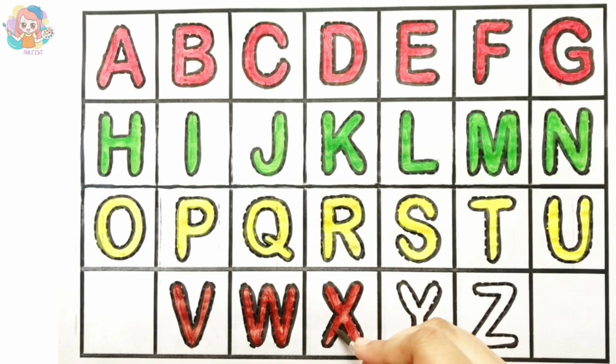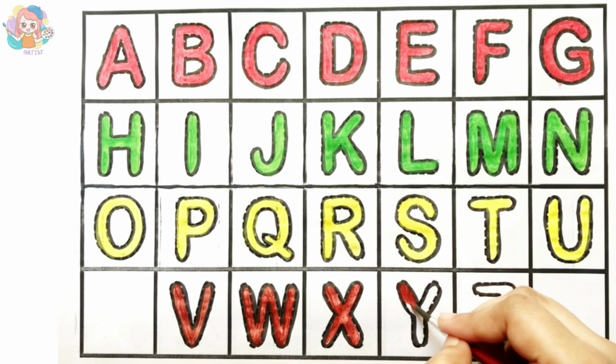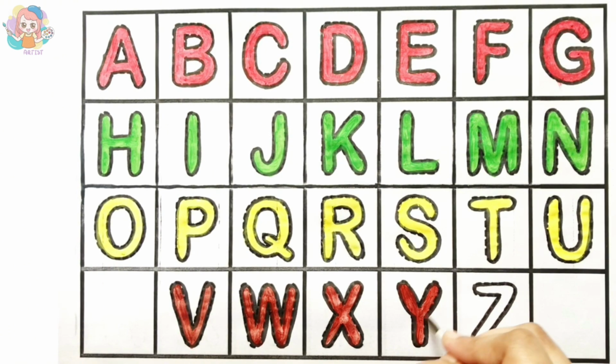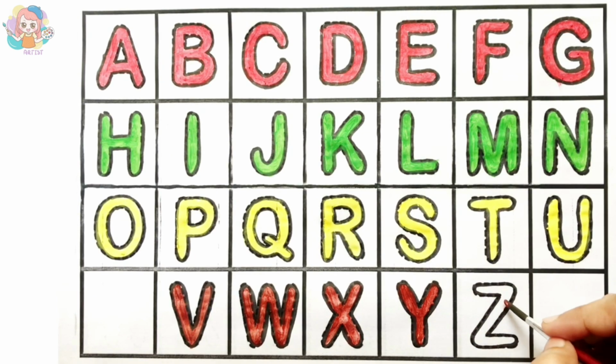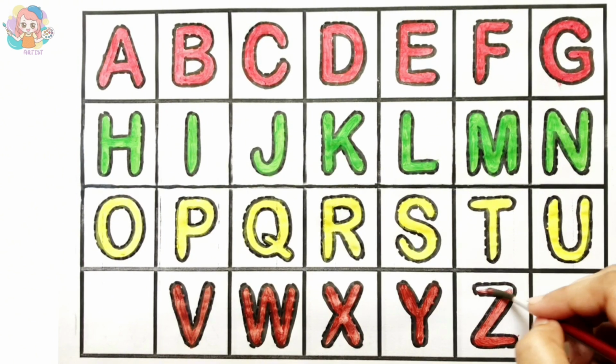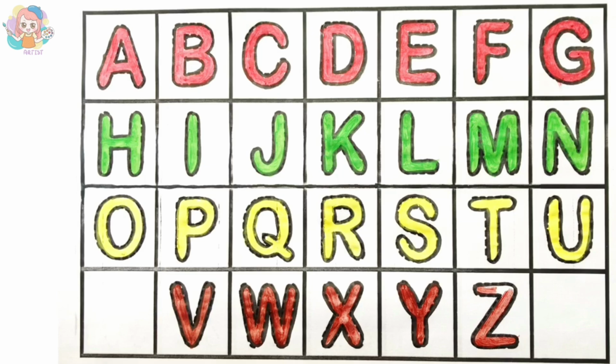A B C D E F G H I J K L M N O, Y for Yo-yo. P U V W X Y and Z. Happy, happy. And last alphabet Z. Z for Zebra.